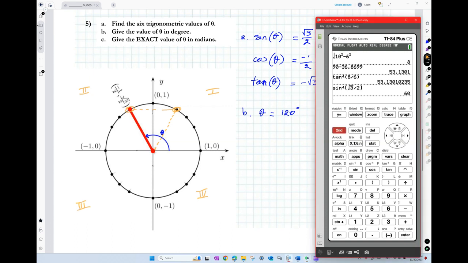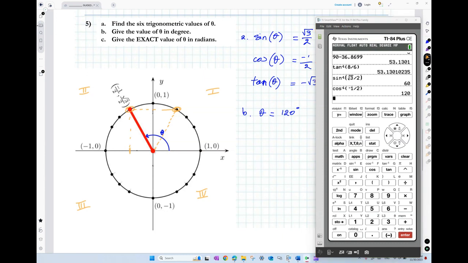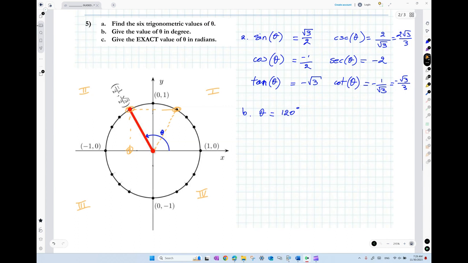Now, if I use cosine inverse, and if I put negative 1 over 2, I will have this 120, because only 120 has a negative x-coordinate. All right, but you do not necessarily need the calculator for this one, right? You can just know your unit circle.